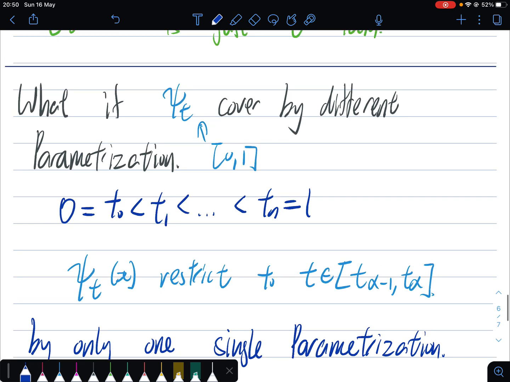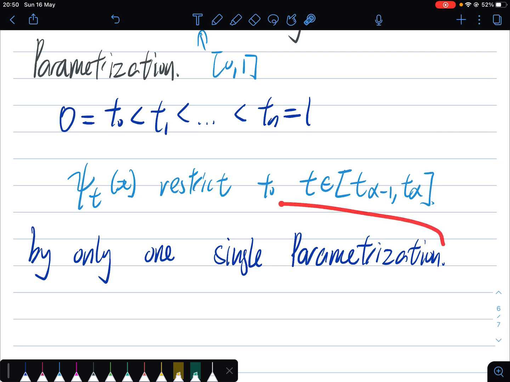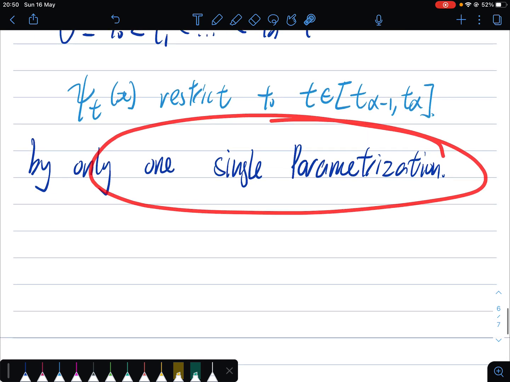Since the precise t curve is compact, we can find a finite subcover to cover the whole curve, and we can restrict it to each one. There are only finitely many intervals, so we chop the interval from 0 to 1 into finite partitions, and each partition can be covered by a single parameterization.